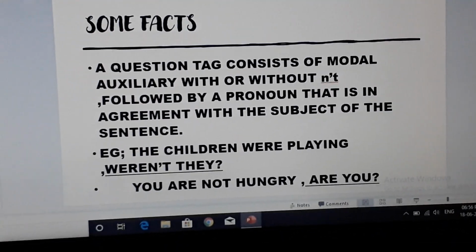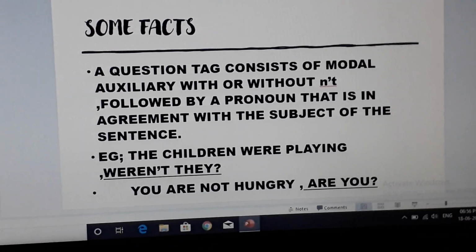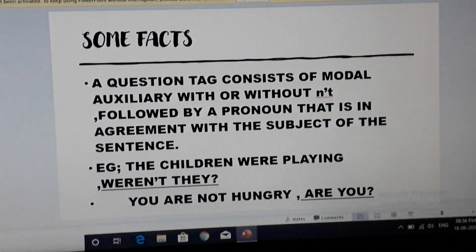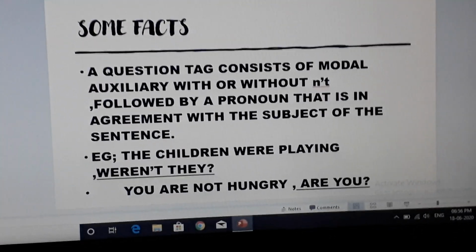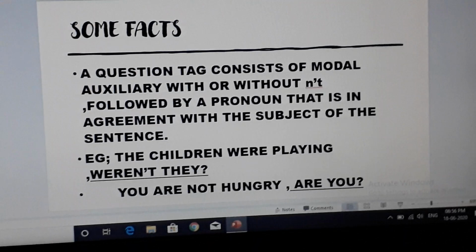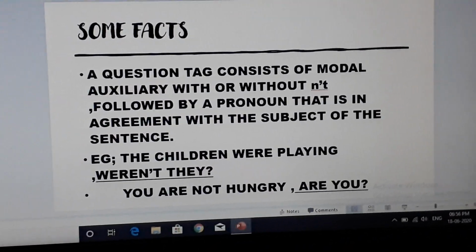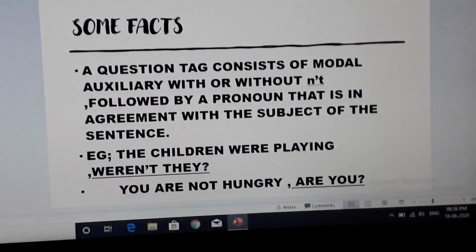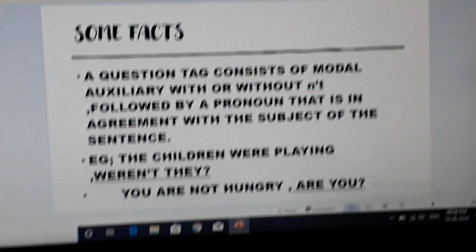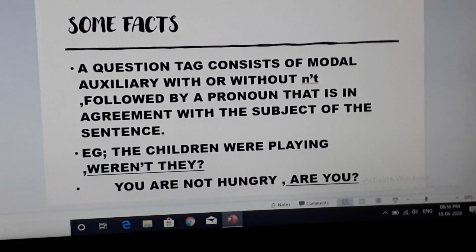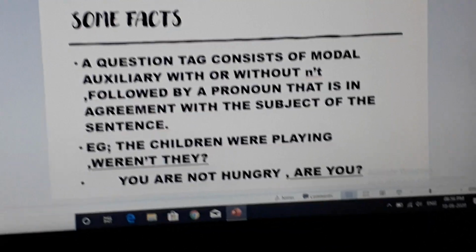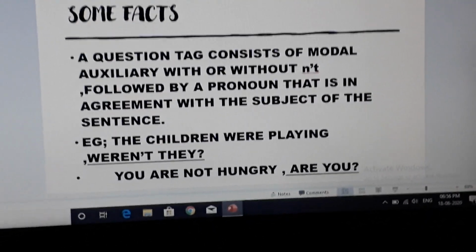Modal auxiliary means is, am, are, was, were, shall, should, will, would, etc. That means modal auxiliaries are also called helping verbs. So, in a question tag, there should be a helping verb and there should be a pronoun.